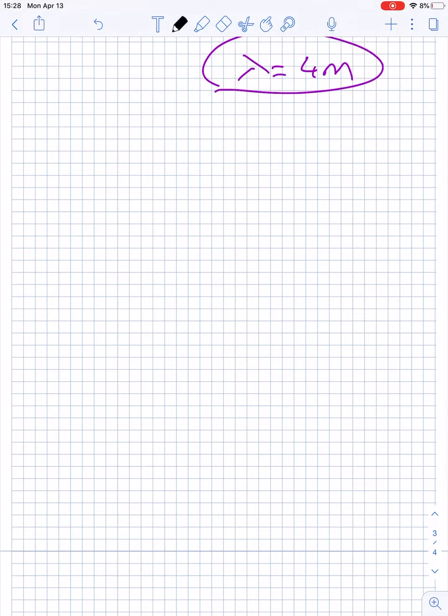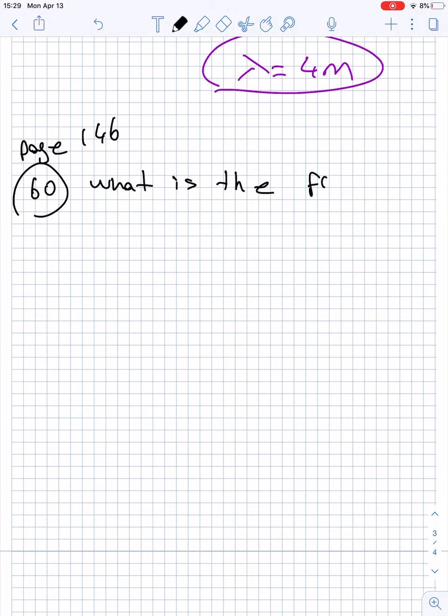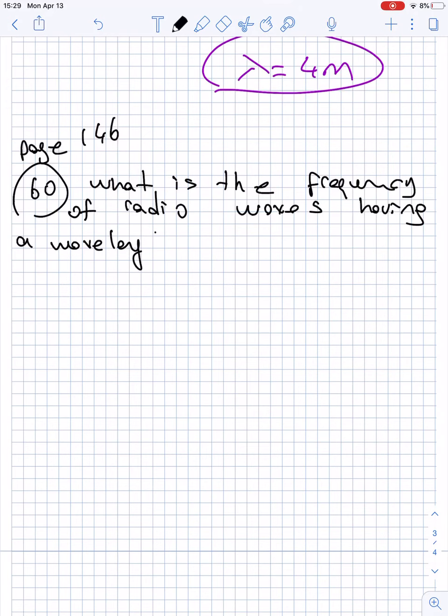Next example from your book. Page number 146, question 60. Please check your book. What is the frequency of radio waves having a wavelength of 300 meters?